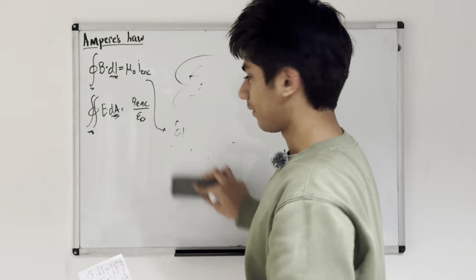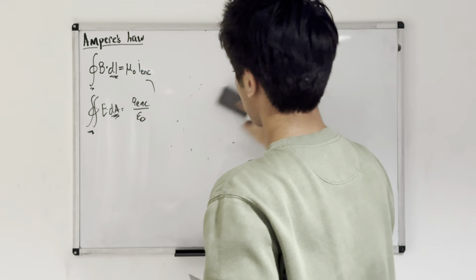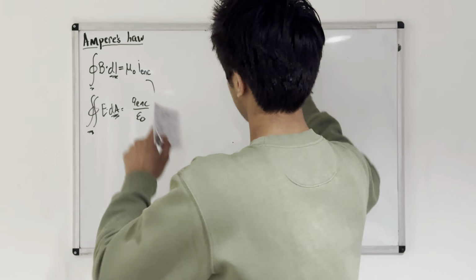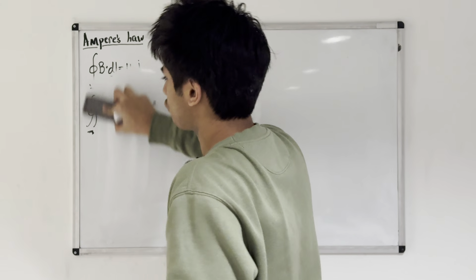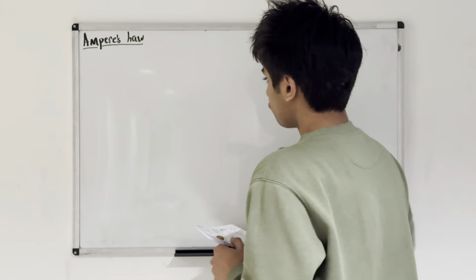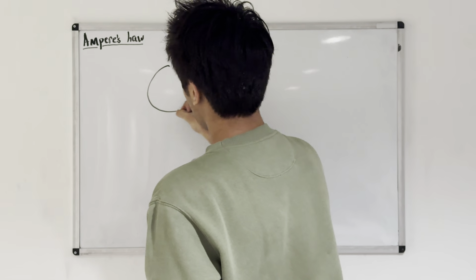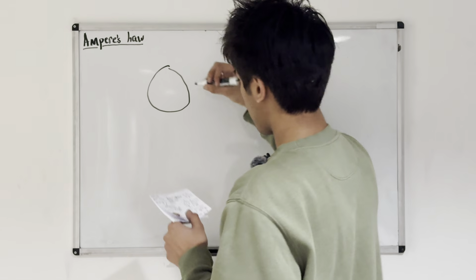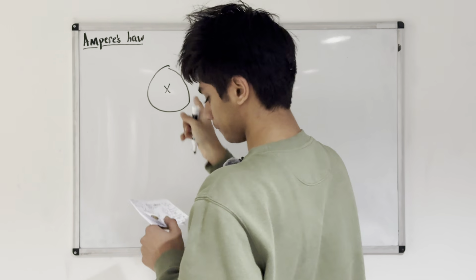Okay, let's try out a problem. The way we solve these is pretty much the same way we solve Gauss's law problems, but we're using a line integral instead, which doesn't really matter because we're never going to actually evaluate it, since we're going to choose a good Amperian loop. Let's imagine we have a cross-section of a wire, and the current is going through the board.